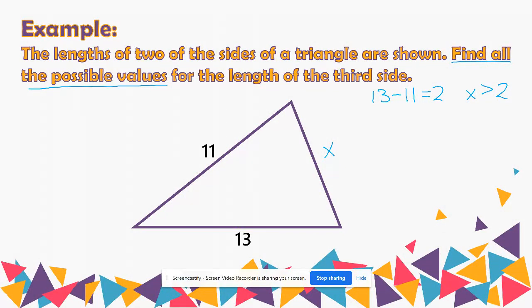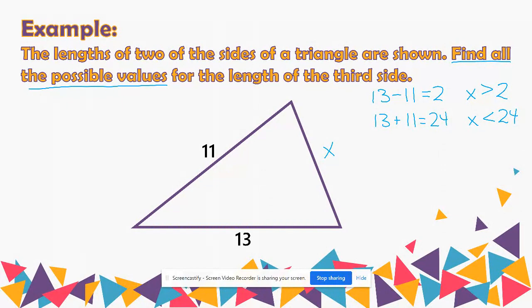Now you want to add the two numbers. We're going to take 13 plus 11. We get 24. Here, x has to be smaller than 24. If x is bigger than 24, when you add 11 and 13, it won't be big enough to be bigger than the x. So x has to be less than 24.